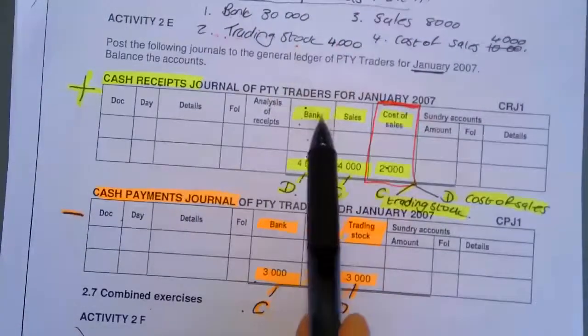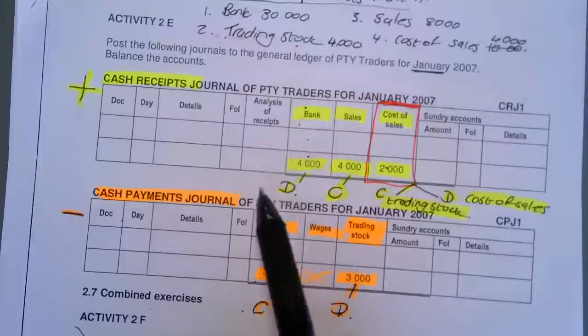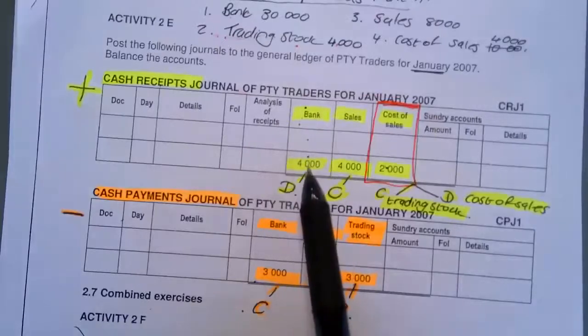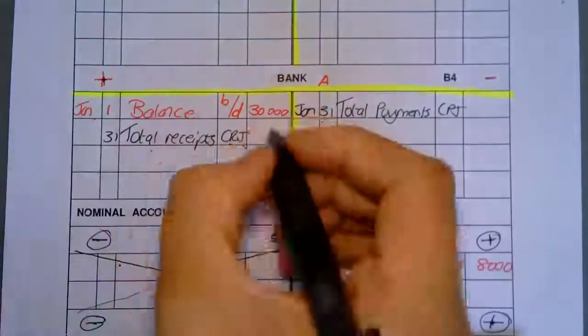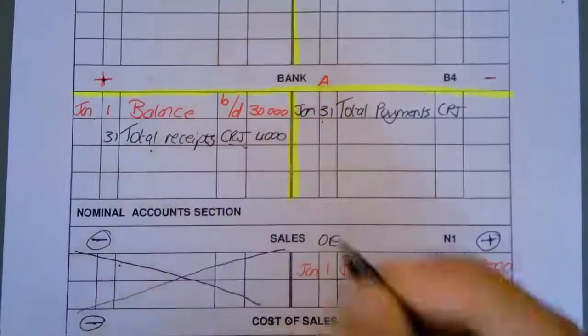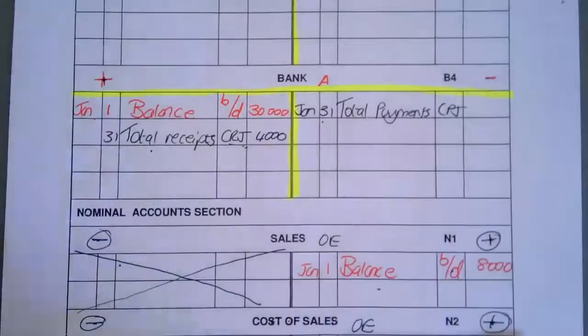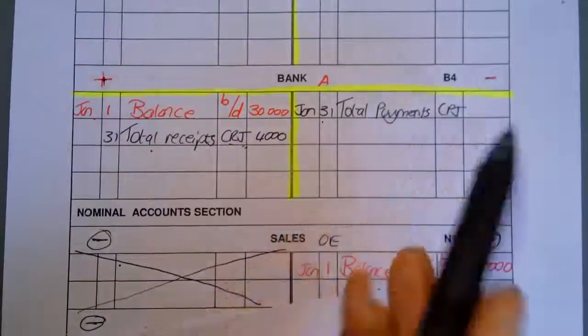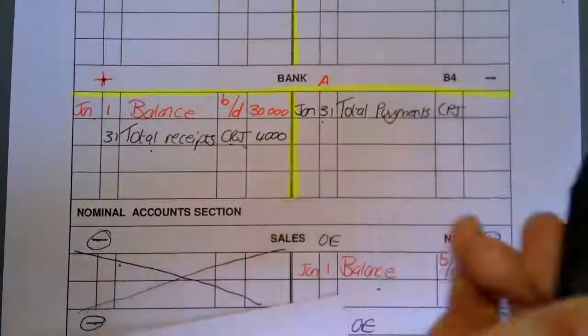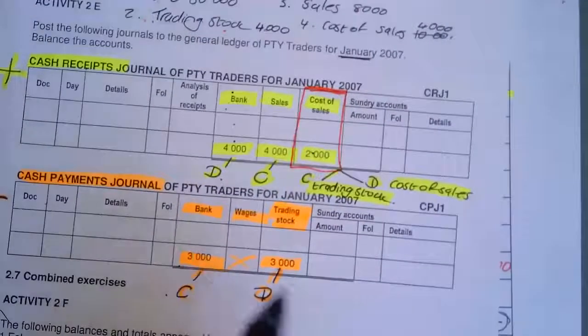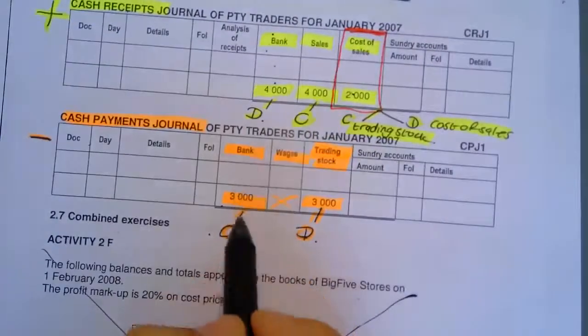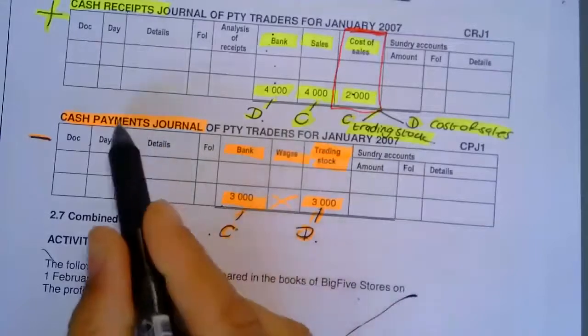So now you have to go to your CRJ. Let's start with that one first. Remember, the bank amount in the CRJ is debited. So you go to the debit side of bank and you write 4,000 Rand. That's how much you received for the month of January. Then you go to your CPJ, where you are paying money. Remember, I taught you that bank is always credited in the CPJ.